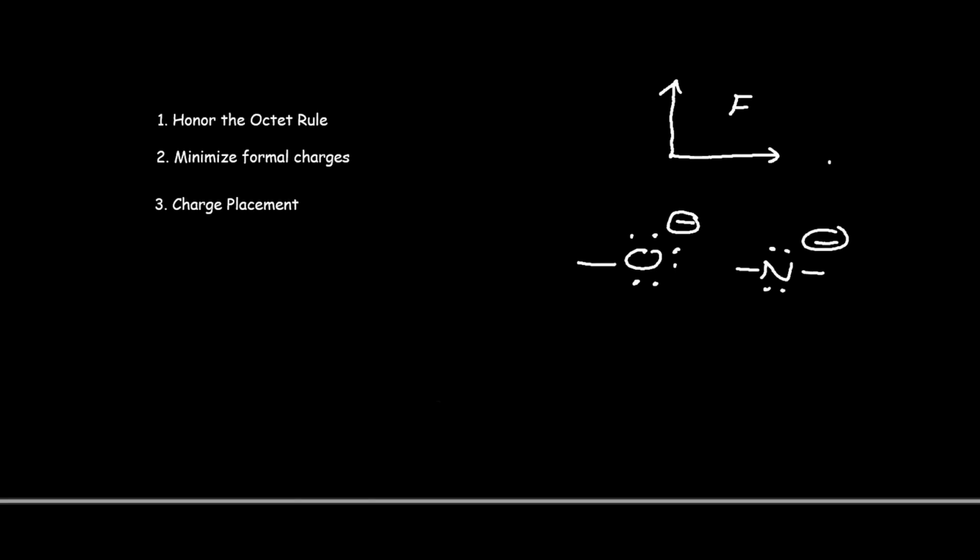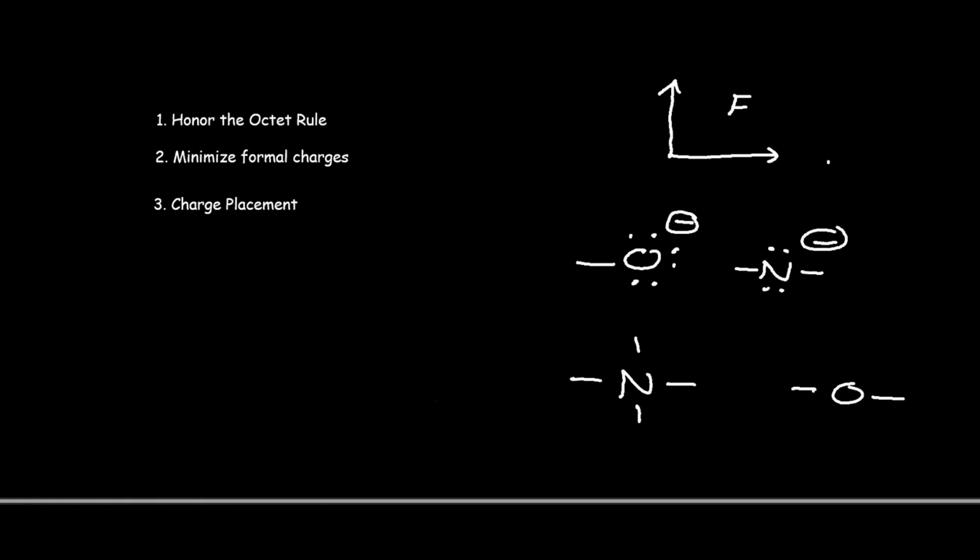Because of that, it's able to stabilize and hold that negative charge better. Conversely, we can also look at this through positive charges. We want the elements with the lower electronegativity to have the positive charge on them if that's applicable.